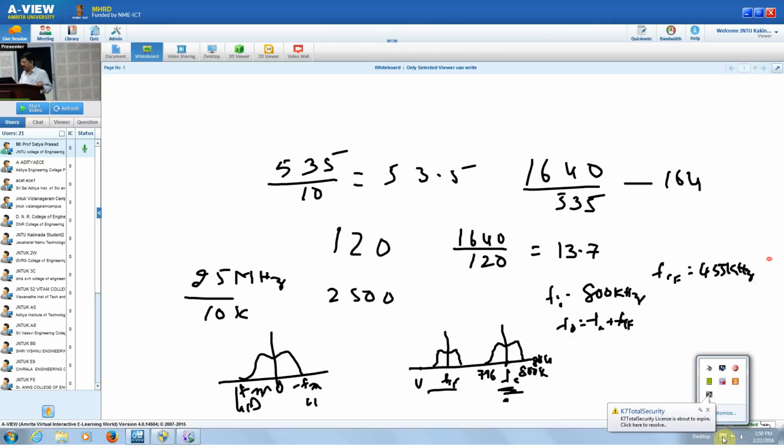And this FIF, in the same transmission, is going to be 450 kilohertz. We see how this 450 kilohertz at that stage.